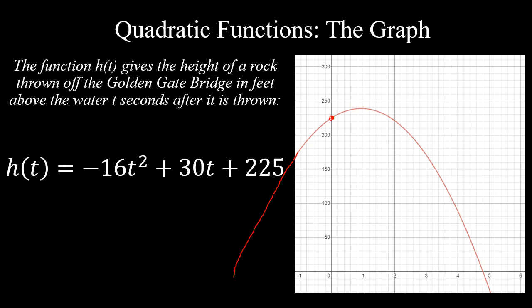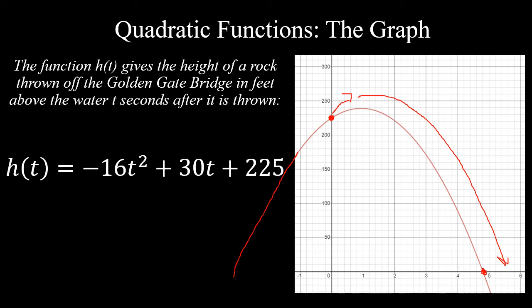We started at 225 feet above the water, and then we threw this rock, and it went up for a bit, not very long, and then it started to fall down, and boom, it hit the water right here. That was after 4.8 seconds, about 4.83, which we figured out on the last slide. So you can see that works out really nicely.